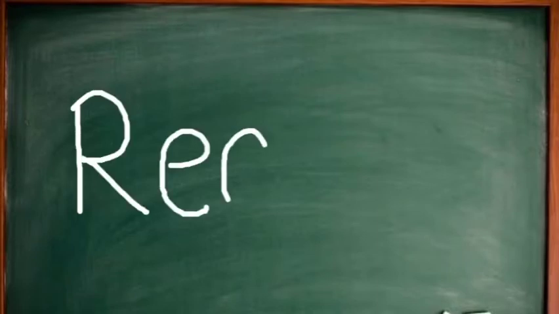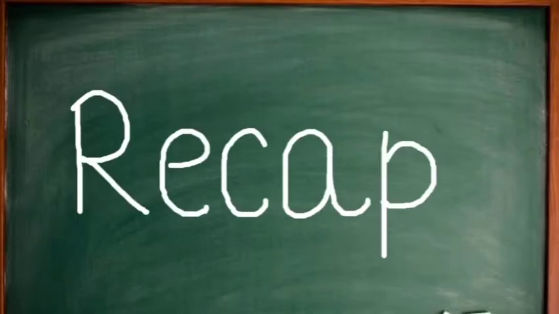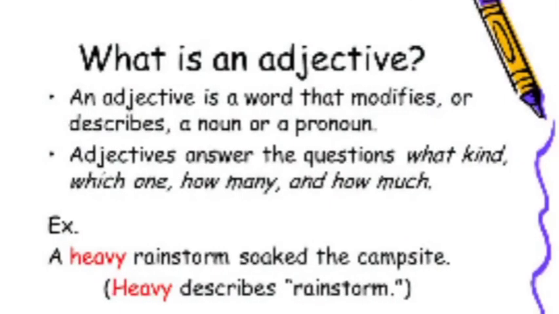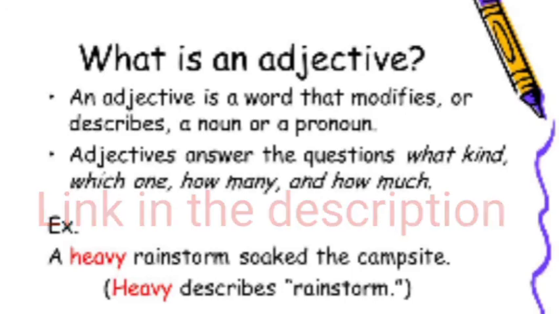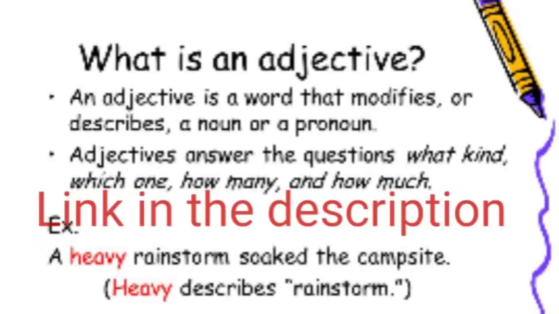Okay students, let's quickly recapitulate what we have already discussed in the previous video. If you have not watched it yet, I recommend you to please watch. The link is already given in the description. I have discussed what an adjective is.